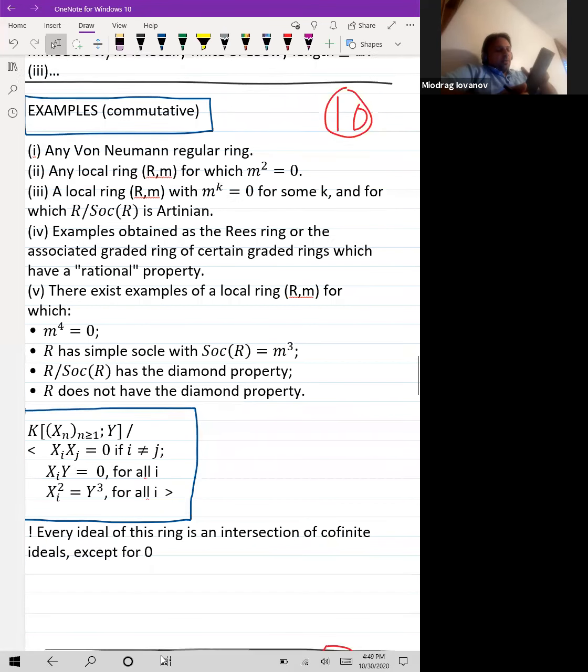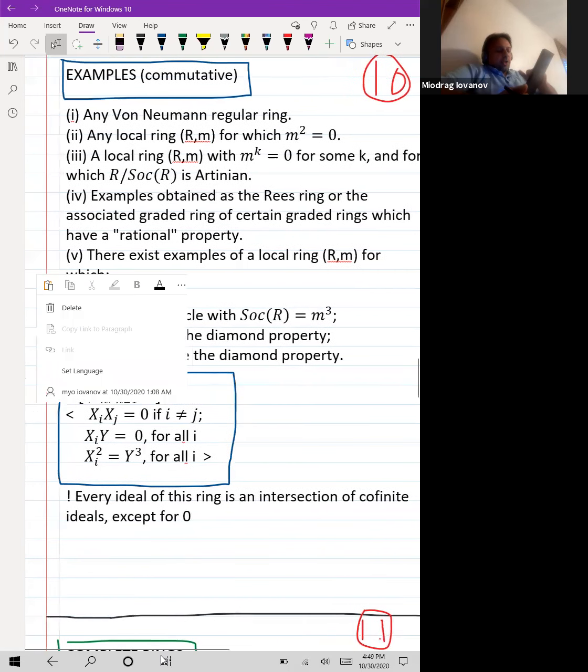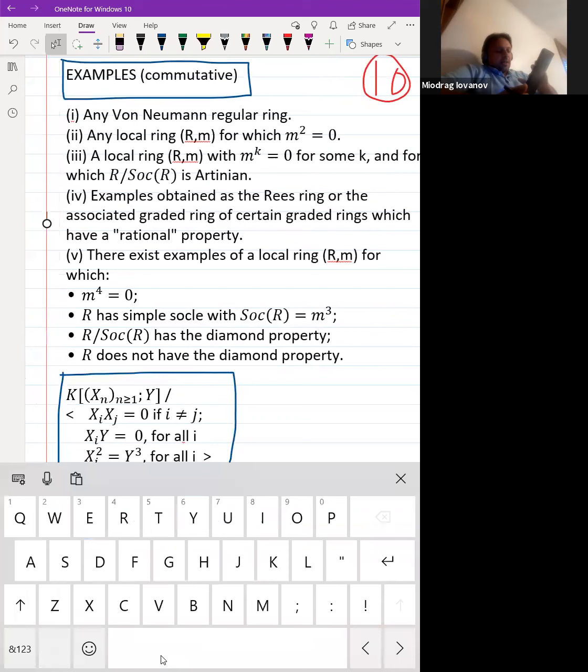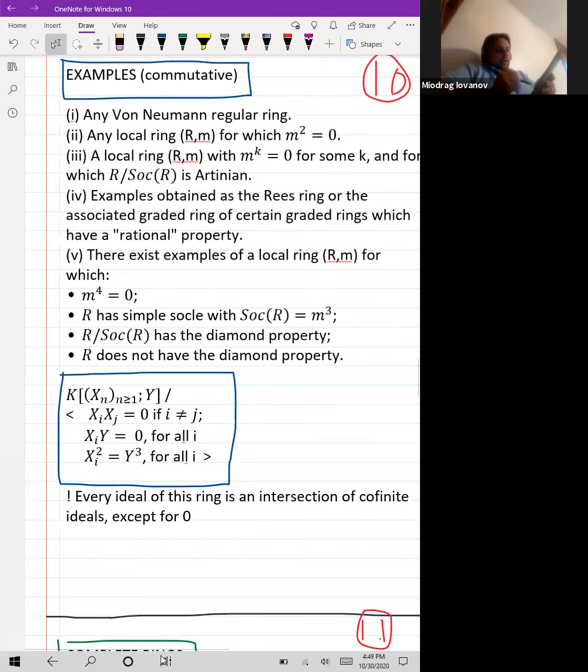But perhaps it would be interesting to note this example 5 here, that you can have a local ring for which the Jacobson radical, the maximal ideal, is nilpotent, and every quotient R mod socle has the diamond property. That means, in other words, every ideal which is non-zero is an intersection of cofinite ideals.